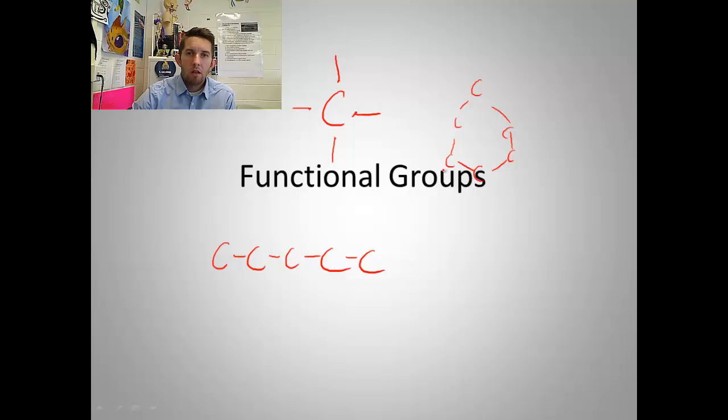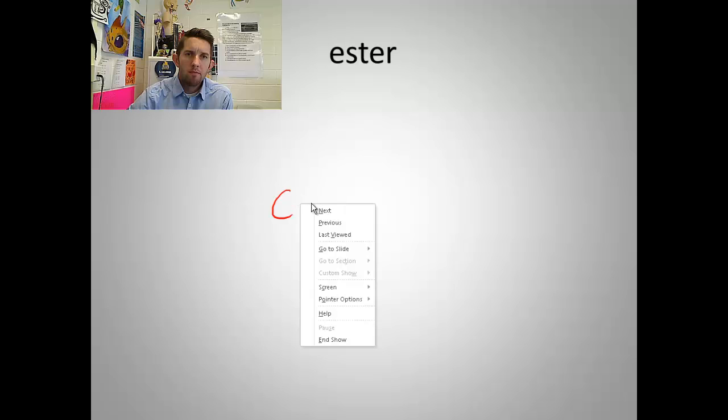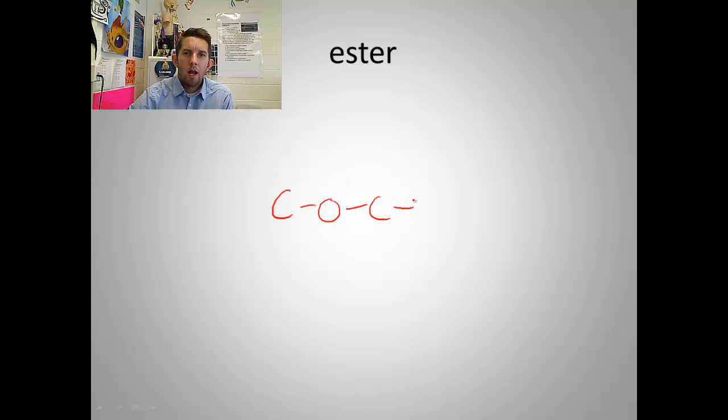Alright, so we're going to look at the things that do branch off of these chains and off of these rings. And those are the functional groups. So that's what we need to look at. First one is an ester. Now we're going to talk about esters. Here we've got carbon. Carbon is bonded to an oxygen, to another carbon, and then let's say the molecule continues this way.